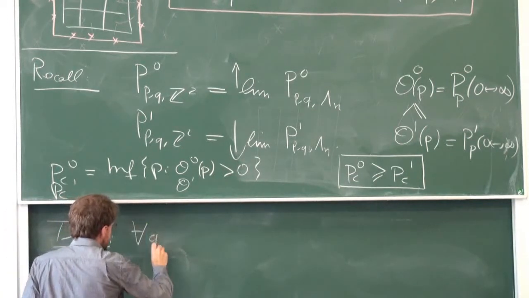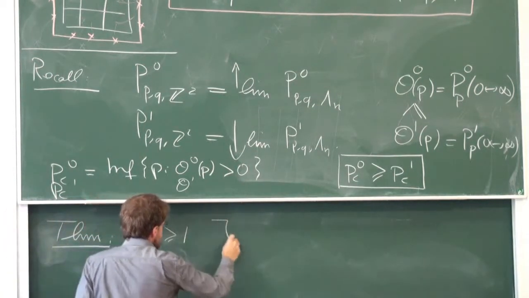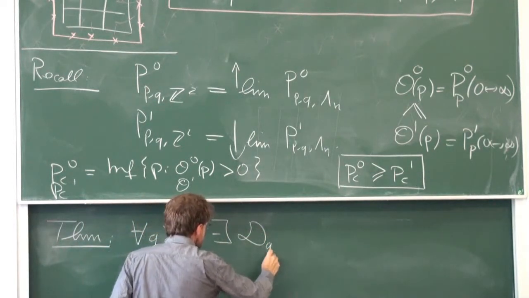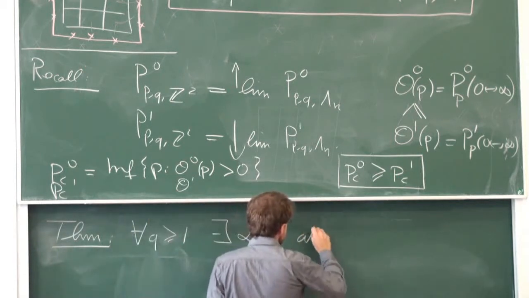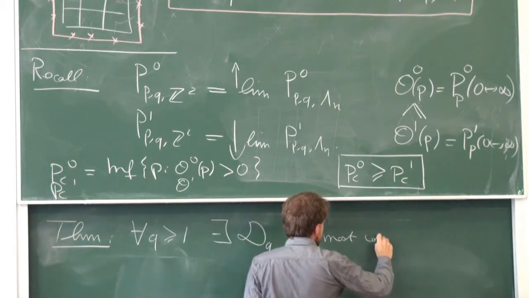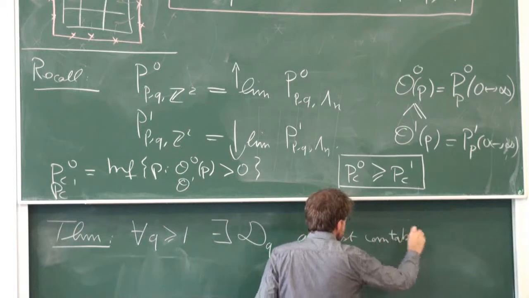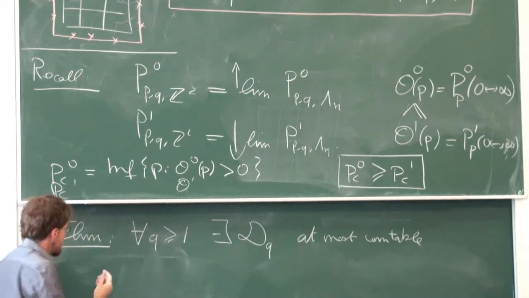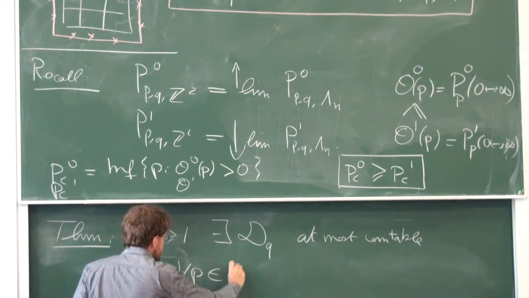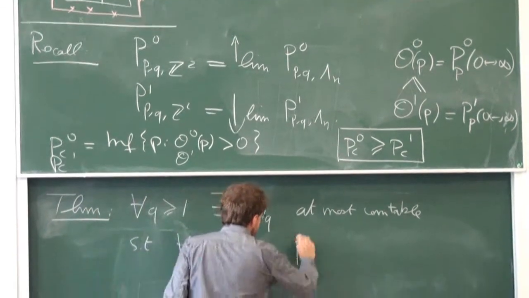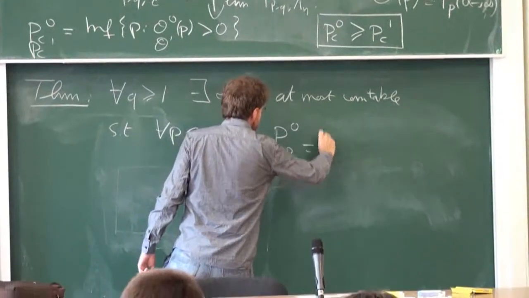For every Q at least equal to 1, there exists a set dQ which is at most countable, so a very small set, such that whenever P is not in dQ, P0 of P is equal to P1 of P.